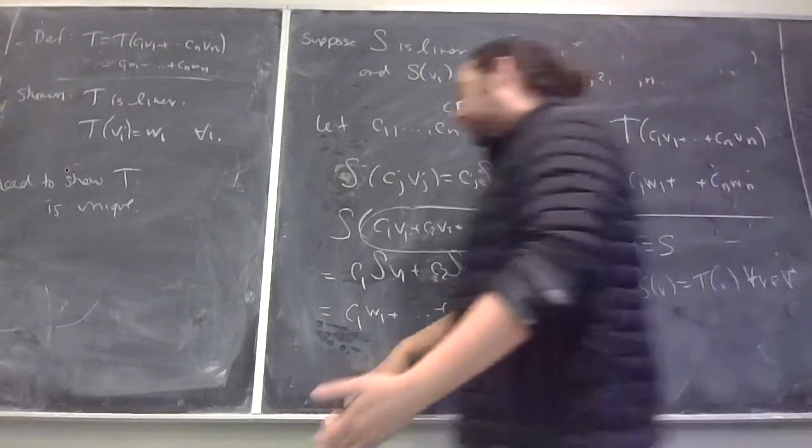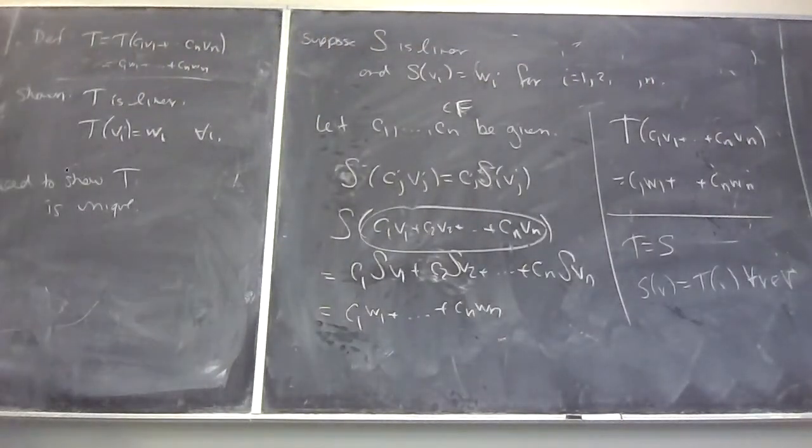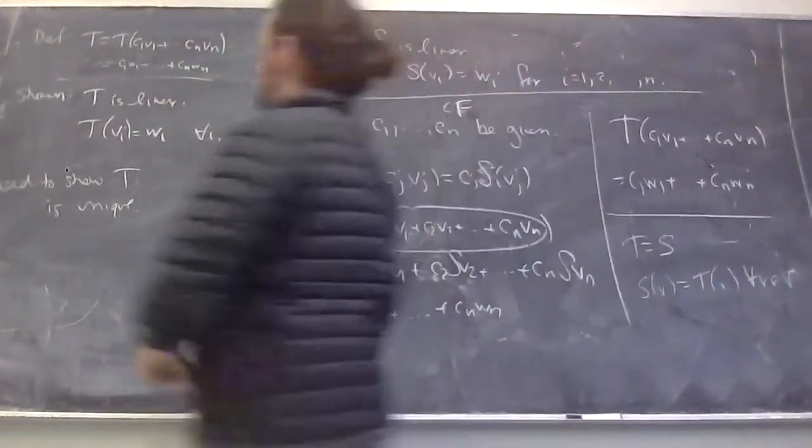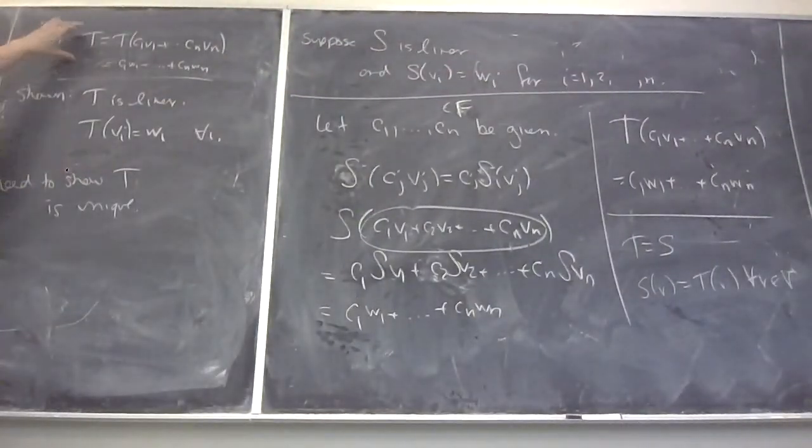Logically, what we're doing is working in the converse. That line where S of Vi equals Wi is just a property. What we've shown already is that if T is defined this way, then T is linear and T has this property. What have we just shown?